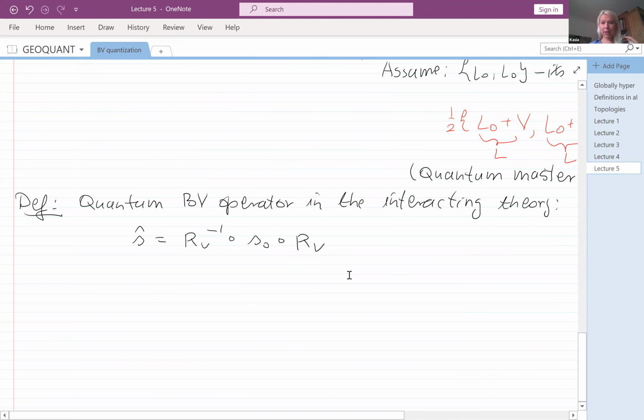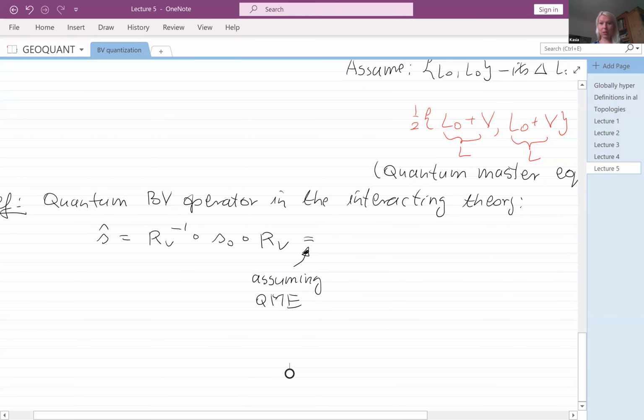And now we can do a computation to find out what this is. Assuming the quantum master equation, this turns out to be a local operator. So the quantum master equation in this formulation guarantees that at the end of the day we get a local operator, and not just local, but also very nice.